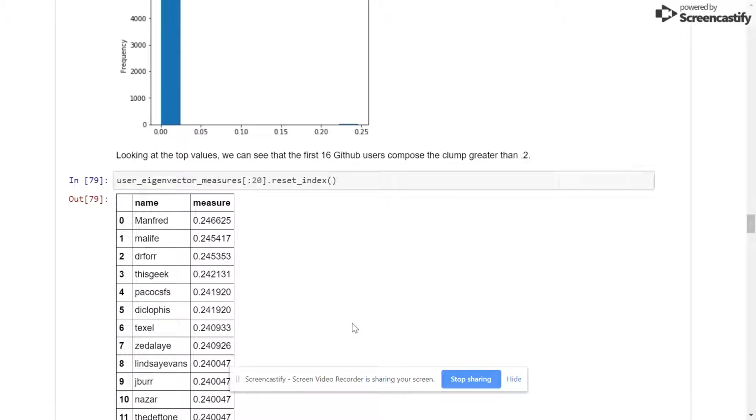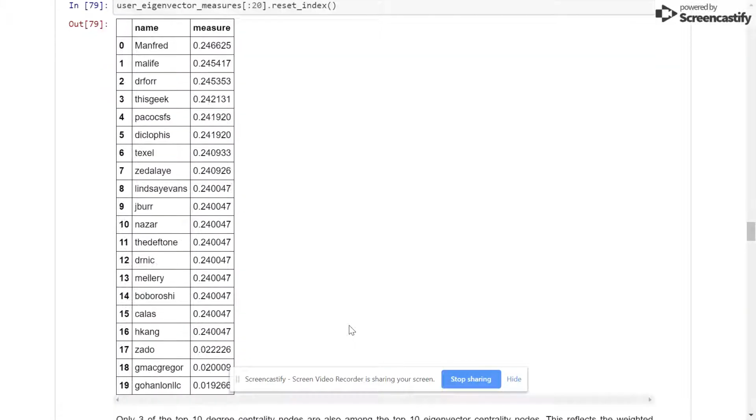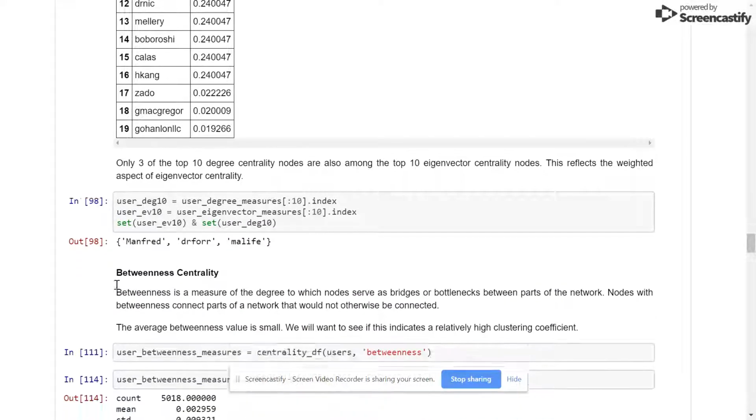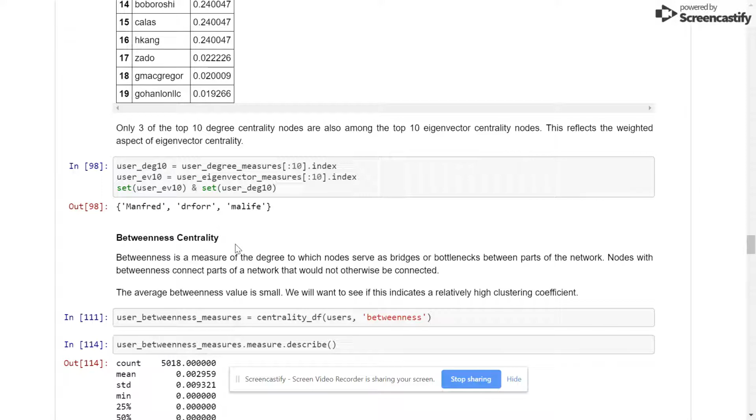And when we look at the top 20 of these nodes, we can see that this clump has about 16 nodes in it right here. And when we compare the top 10 degree centrality nodes to the top 10 eigenvector centrality nodes, we see that there's only 3 in common, which reflects the weighted aspect of eigenvector centrality.